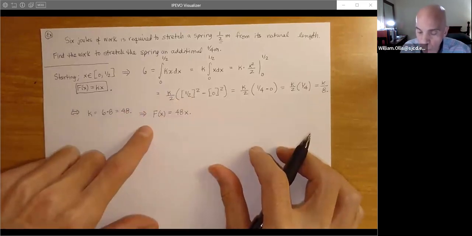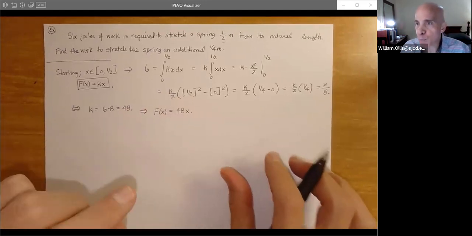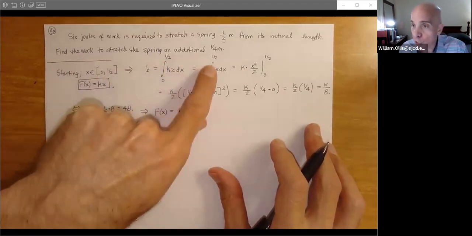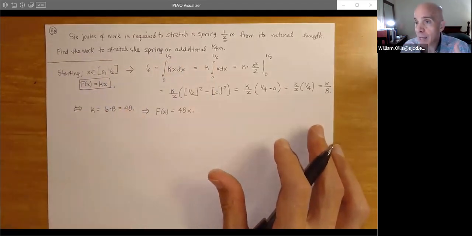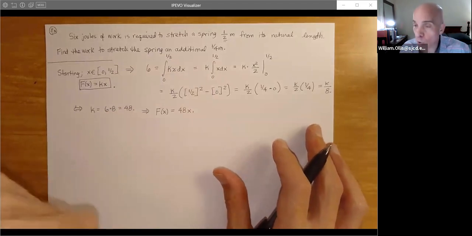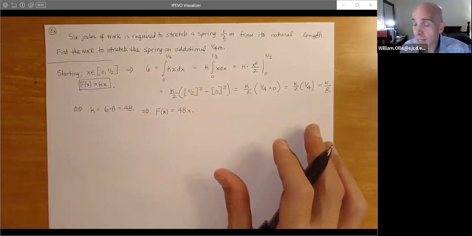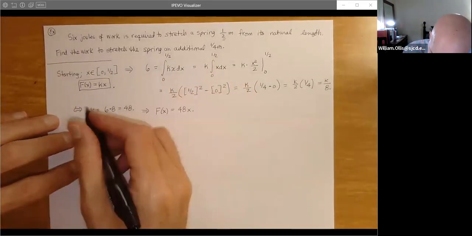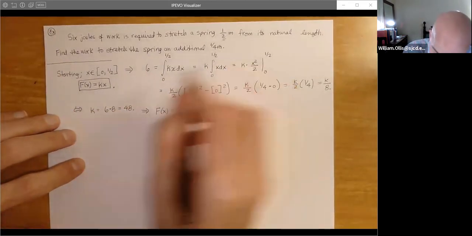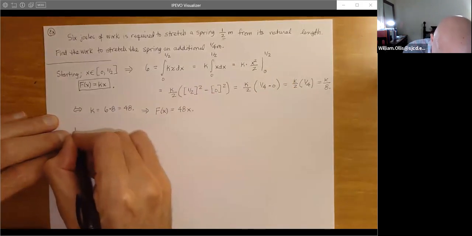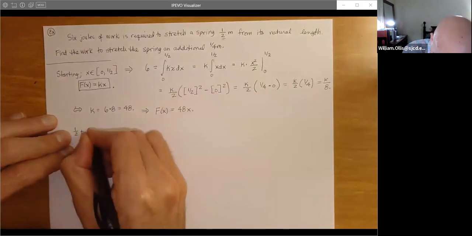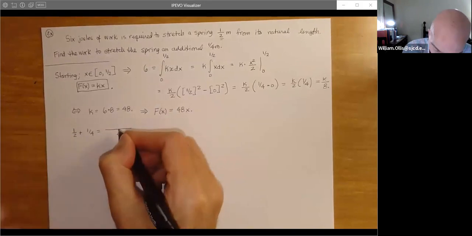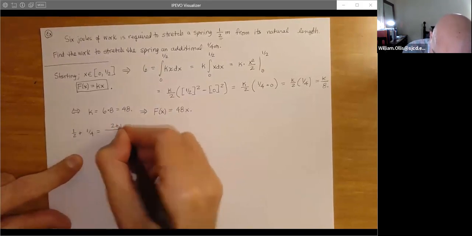Now we have stretched the spring to 1/2 meter, and it says, what is the work to stretch an additional 1/4 meter? So if we start at 1/2 and then we go an additional 1/4 meter, what kind of problem will that require? Well, of course, we can just say, okay, what's the right endpoint? Well, let's just work it out. 1/2 plus 1/4, common denominator of 4, so that'll give us a 2 plus a 1.